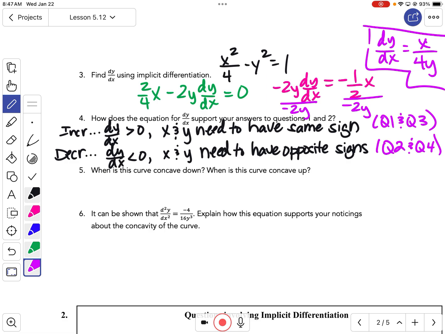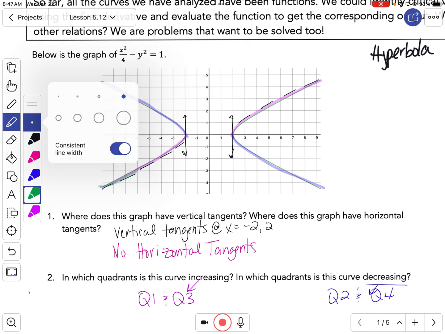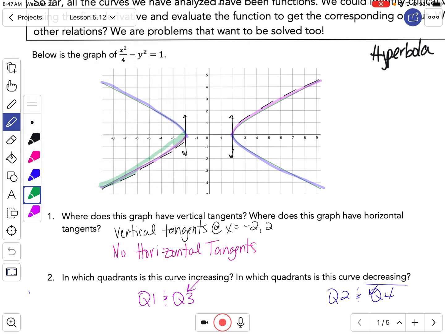Let's look back at the curve. When is it concave down and when is it concave up? Let's talk about concavity. This is a little weird. Concave up means it would hold water. So concave up is going to happen here and here. What quadrants is that? 3 and 4.